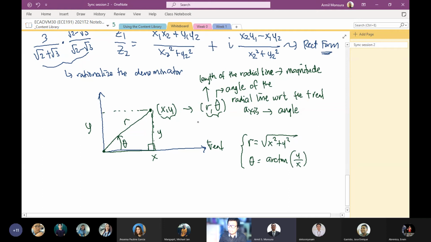Now, from here naman, how do we find now the x coordinate given yung r at saka yung theta? How do we find x? Given yung r, which is the hypotenuse, tapos yung x ninyo is what we want to find. You know theta. So how do we find x there?